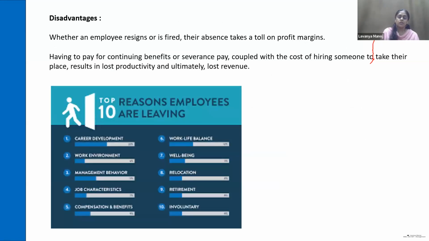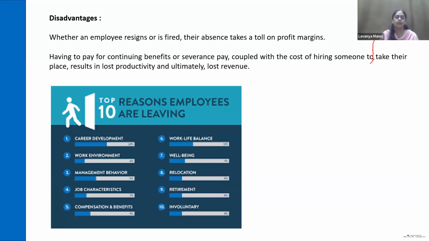So, disadvantages of turnover. Whether the employee resigns or the management decides to fire the employee, it impacts the organization, especially the profit margins, because again they have to hire new people and train them, which requires time, energy, and money.